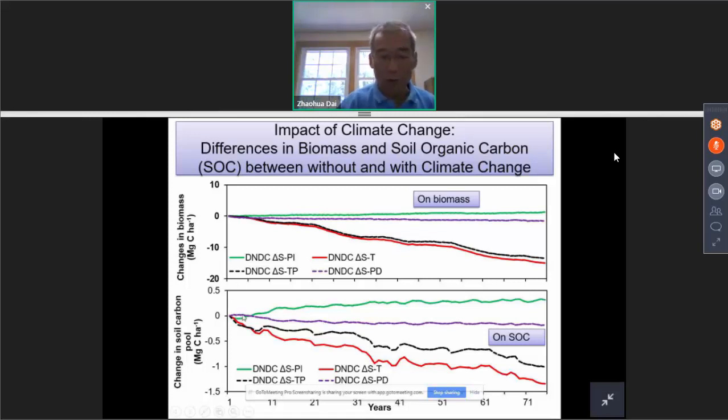Then it slightly becomes more, maybe because with lower precipitation some litter becomes higher. But over the long term it is different, then it decreases, and the temperature will influence it very largely and very strongly, and it causes soil carbon loss.